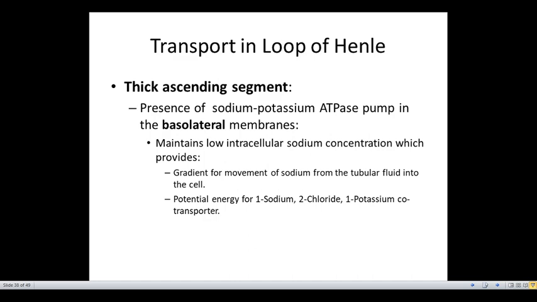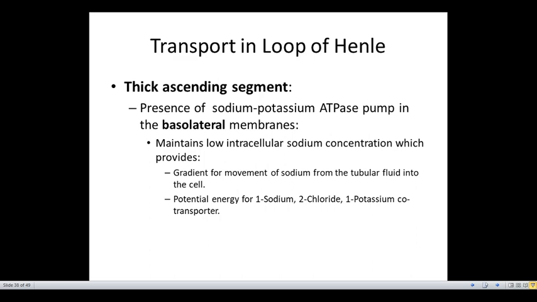The thick ascending segment also has the sodium potassium ATPase pump in the basolateral membranes, which maintains low intracellular sodium concentration, providing two functions.